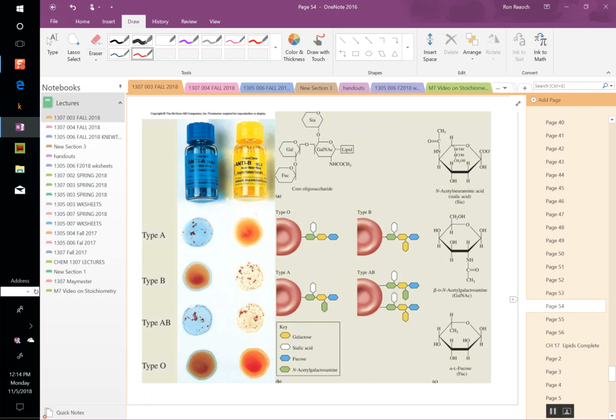These little tetrasaccharides, 1, 2, 3, 4. Some cases there's 1, 2, 3, 4, 5. These rings now are representing monosaccharides. So let's see if there's the galactose. Is that what that is? Galactose. This is galactose and some other monosaccharides, but arranged in a certain way is dictating what blood type you have. It's these things attached to the side of the hemoglobin that is governing that.